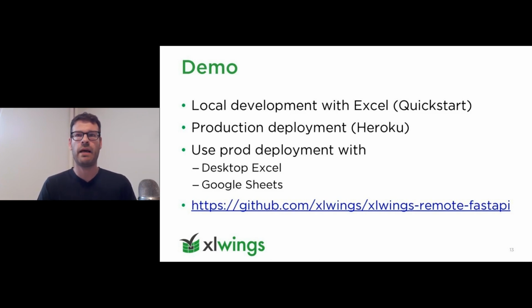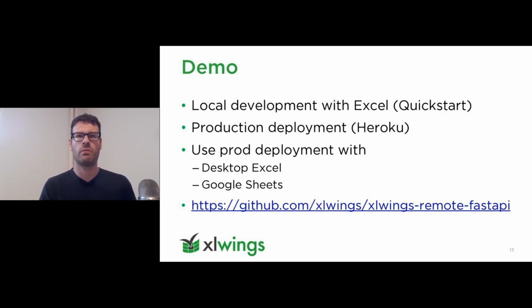So what I've planned is to start with the quick start example. Any of you who have used xlwings previously definitely use the quickstart command. This time we're going to use it with a special and new command line switch. And then we're making a jump and deploying our xlwings web backend to production. We're going to use Heroku for that.